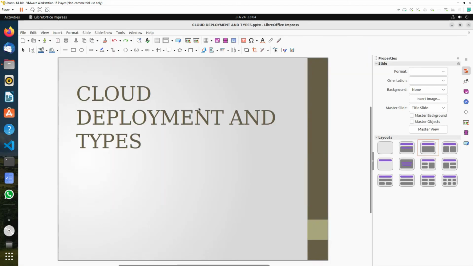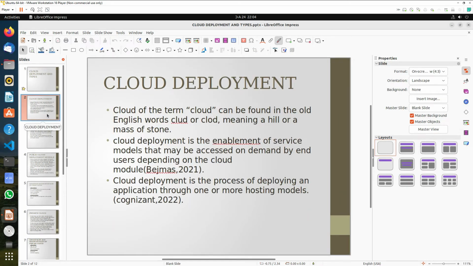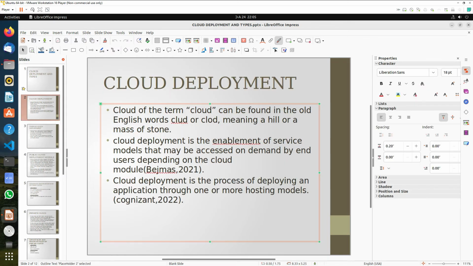What is cloud deployment? I know you are wondering. Look at the word deployment. It's like you are deploying, you are putting it out for everyone to access. So cloud deployment is just the process of enabling service models.